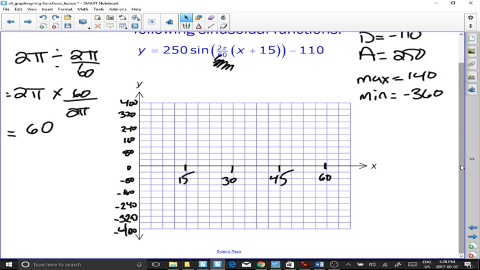And now we are almost ready to start plotting points. Okay? So our d value is -110. It's not going to be exact.